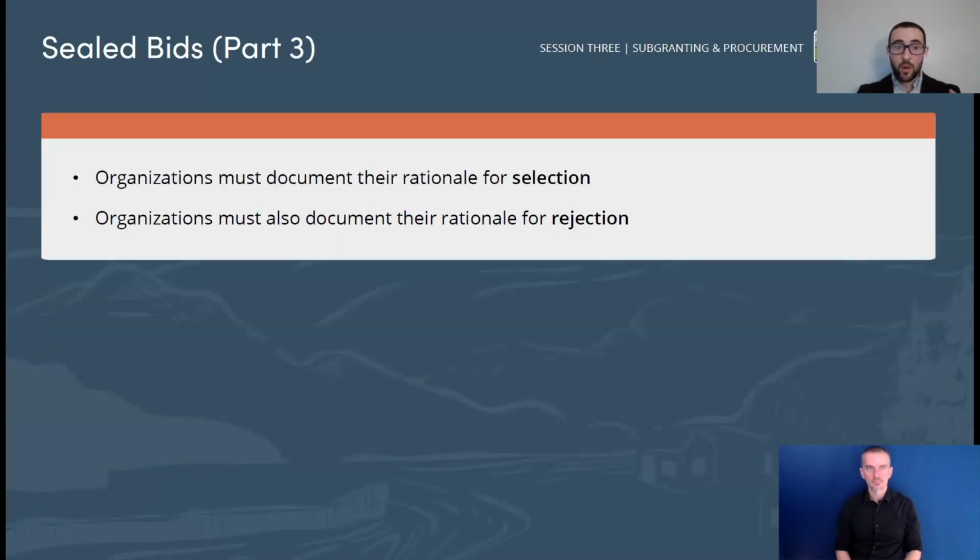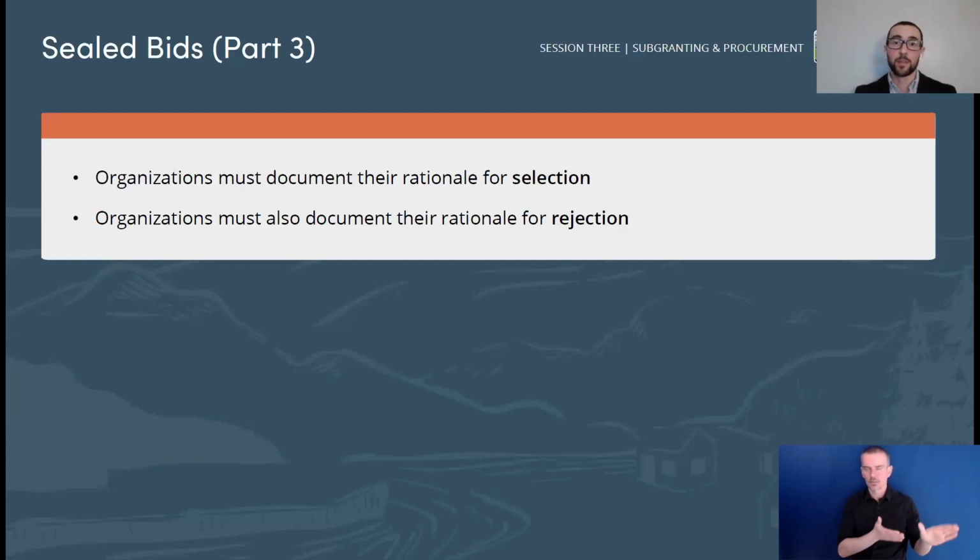So with sealed bids, we have to document our rationale for selecting the contractor that we selected, but we also have to document why we rejected those that we rejected, right? So maybe all of our rejections were solely on the basis of price, or maybe we had the lowest bid, but they didn't meet all of the specifications, and so that's why we had to reject them.